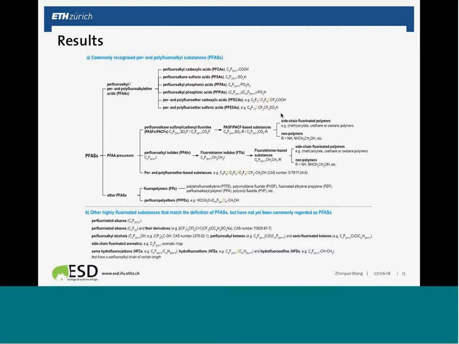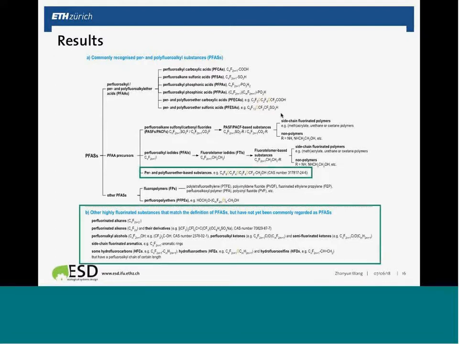I would just point out that, in addition to the PFASs that we know quite well, like the perfluoroalkyl acids, some of these precursors, and fluoropolymers, we have also identified newer groups of PFASs which match the definition, but have not yet been commonly regarded as PFAS.